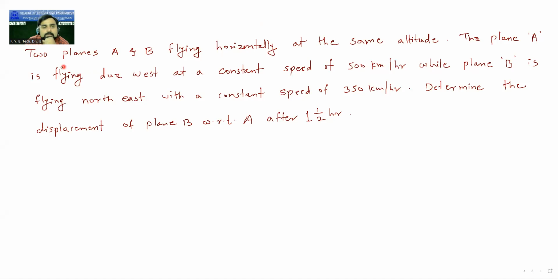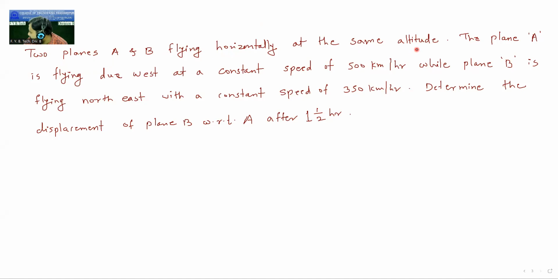So the problem is two planes A and B flying horizontally at the same altitude. So two planes are there, flying at the same altitude. The plane A is flying due west. Due west means towards west.